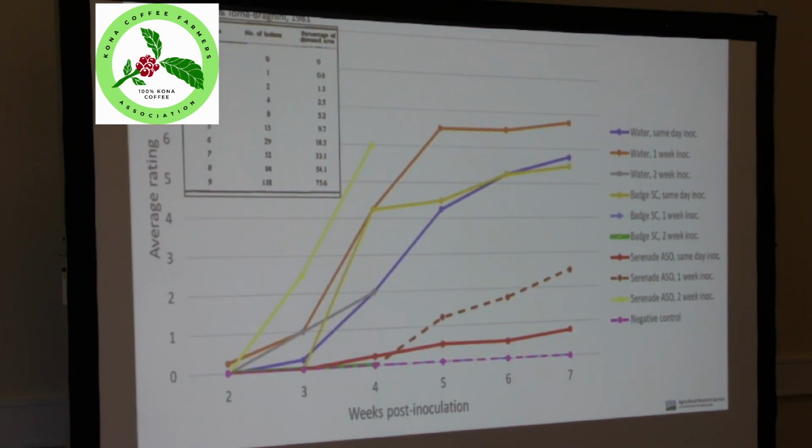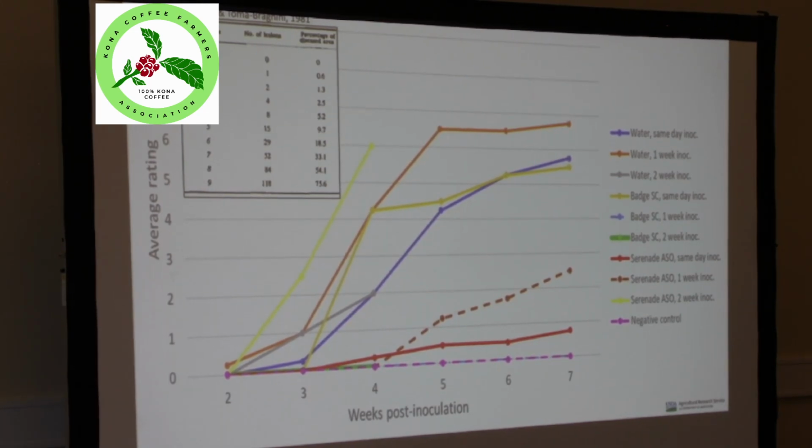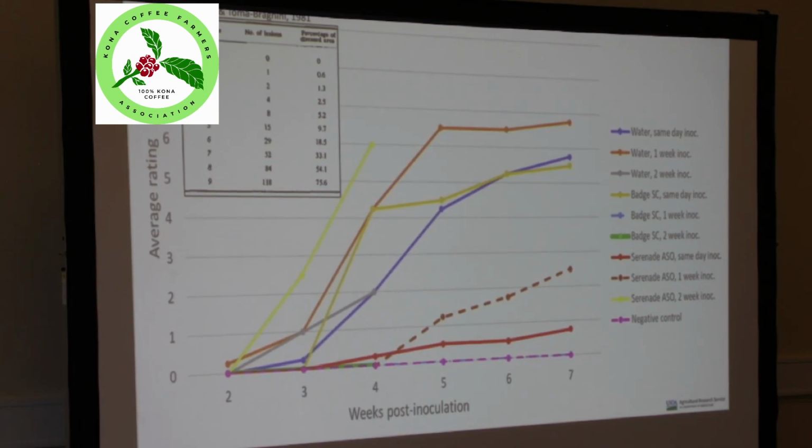Okay, so here's another graph, and we tried to summarize the overall data. The x-axis is showing weeks post-inoculation. So again, all plants were sprayed, as you can see with the labels on the right, and then the plants were inoculated with spores either the same day, 1 week, or 2 weeks post-spray.